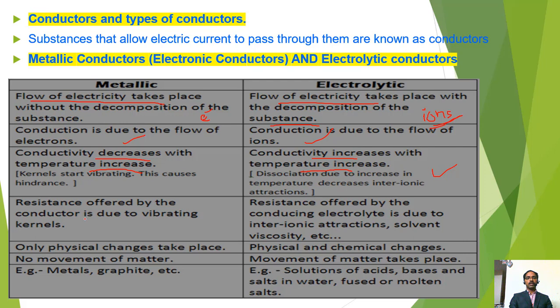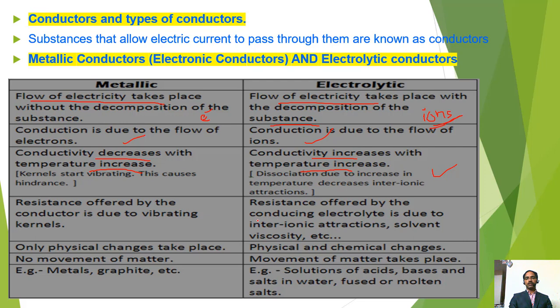Next, in the metallic, resistance offered by the conductor is due to vibrating kernels. Here kernel means all electrons before the valence shell; those are kernel electrons, all electrons except the valence shell.